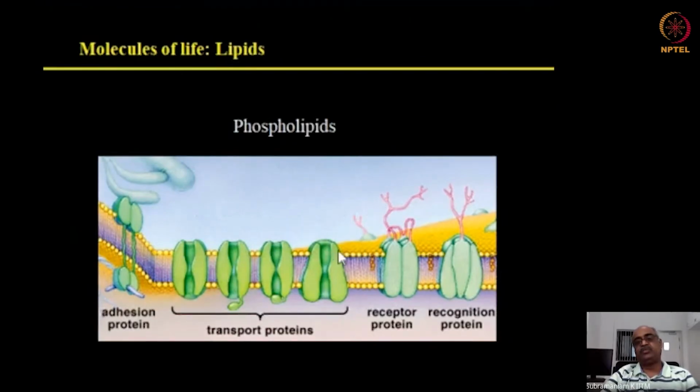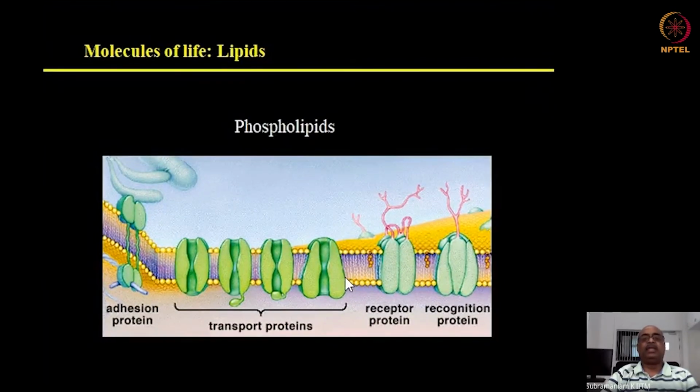They can interact through this. So basically, it's a wettable surface. This head group can interact with water, and this head group can interact with water on this side. And the two-layered membrane or bilayer is what our cell membrane is.